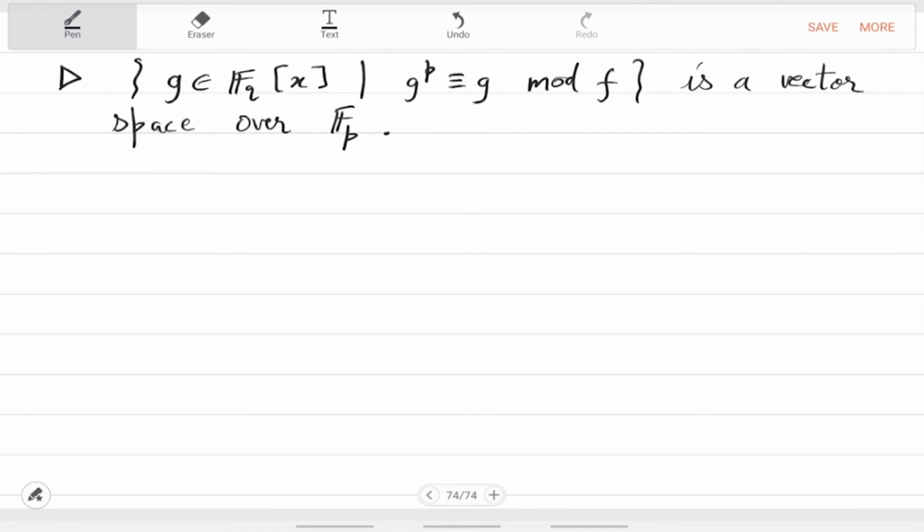let's actually do that. So if you look at a solution G1 and a solution G2, and you take a combination of this C1, C2 in FP, what is this raised to P? So you know that P goes inside.